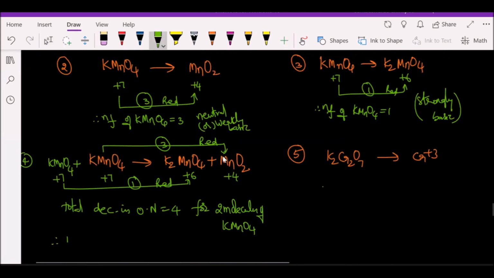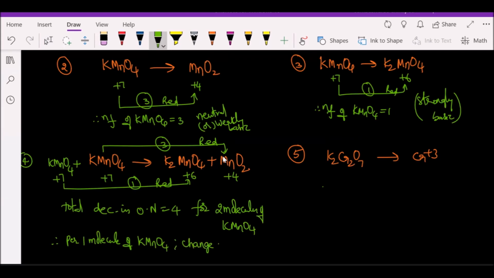Therefore, per one molecule of KMnO4, the change in oxidation number is 2. Therefore, the N factor is 2. So, example 4, the answer is 2 per molecule of reactant.